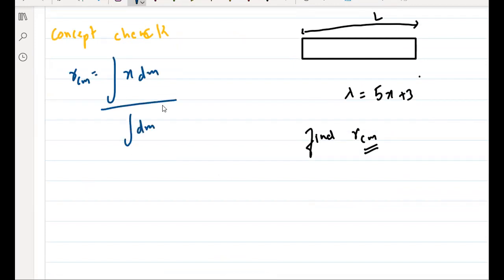This is a basic formula. Second, dm is equal to lambda dx. These two things you should know. We already know this, right? Yes or no? So write this and then try to proceed, step by step.